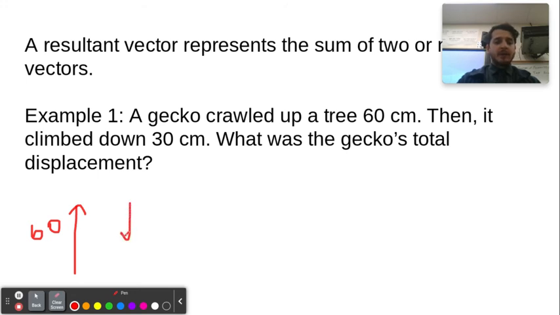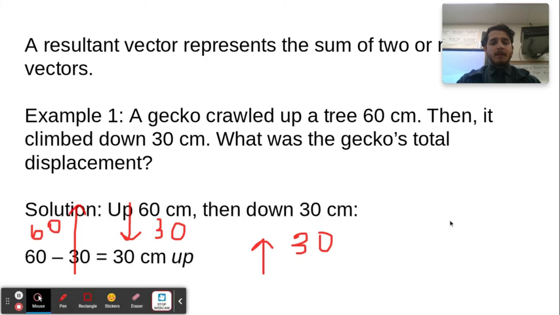It went up 60 and it went down 30. So you could think of that, the resultant vector is the gecko ended up 30 centimeters up that tree, if we're doing the math.